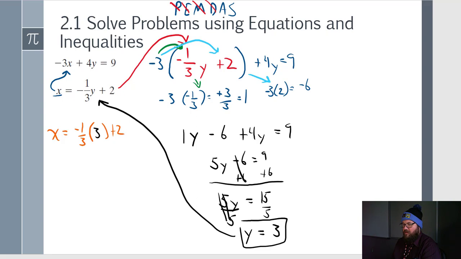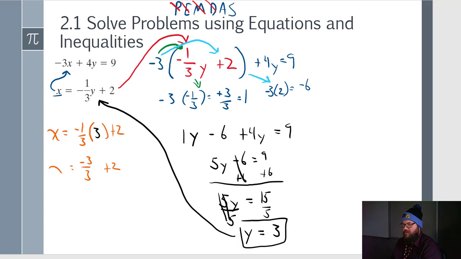And just a second ago, we did negative 1/3 times negative 3, and that gave us a positive 1. But in this case, we're left with a negative 1/3 times a positive 3. So that would give us negative 3 over 3 plus 2 on that side.